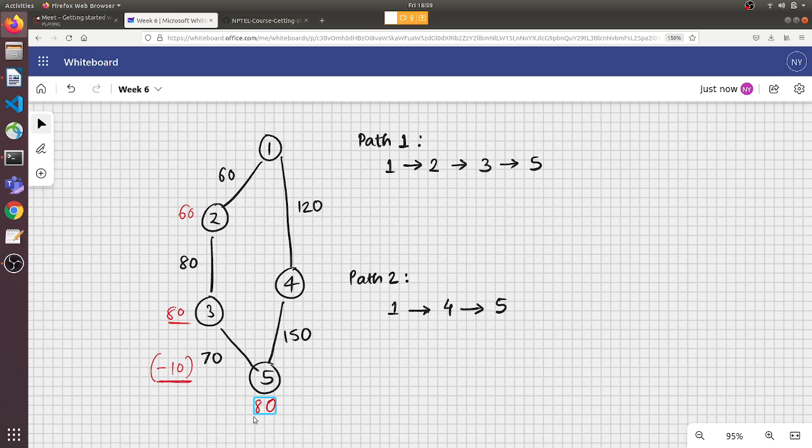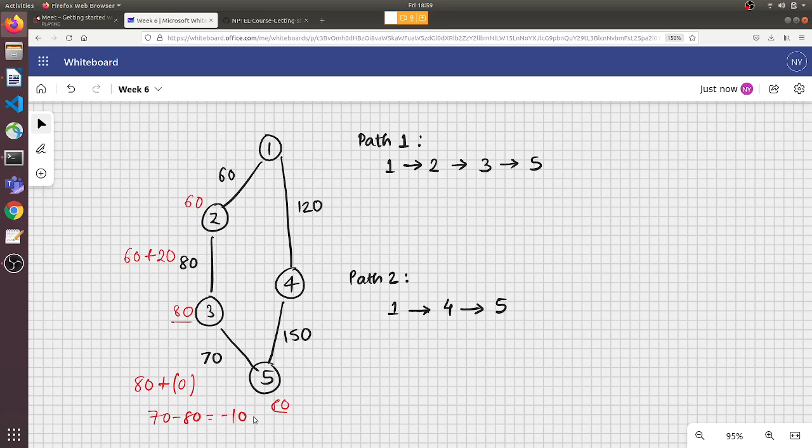So if we work this out, 1 to 2 cost was 60, then here we have 80 minus 60 plus addition of 20, so cost here becomes 80, and here 80 plus 0, because 70 minus 80 is equal to minus 10, which is negative, so it becomes 80.